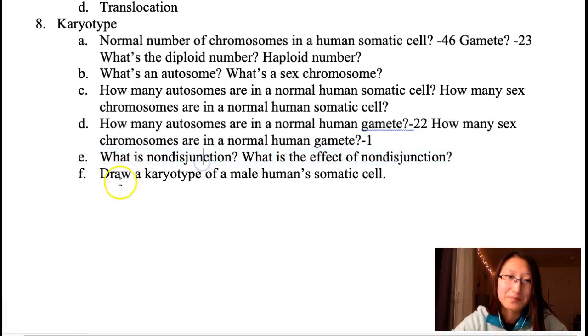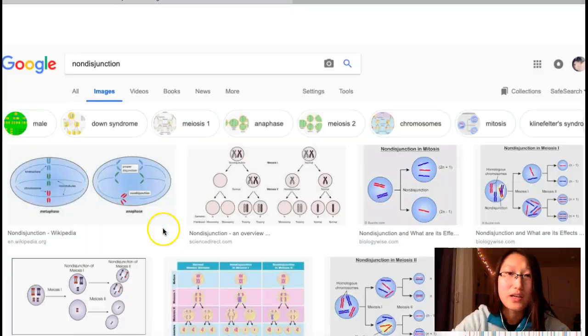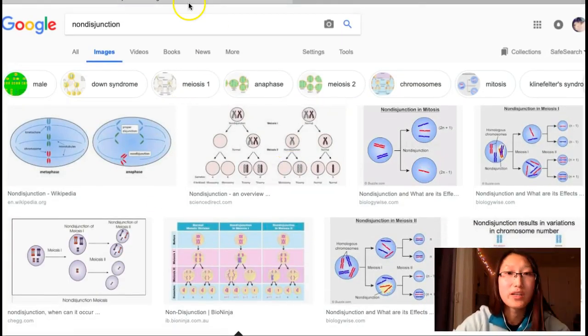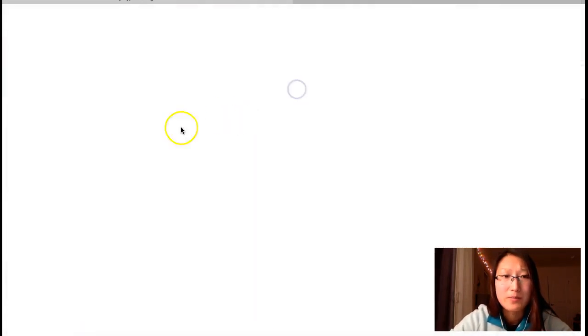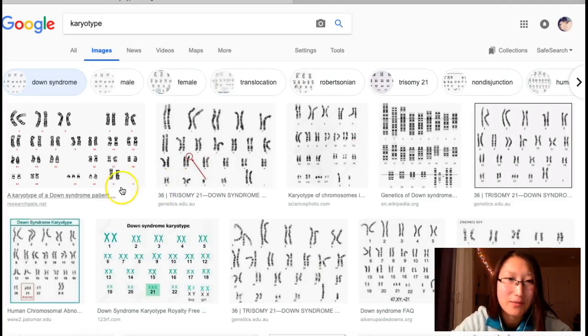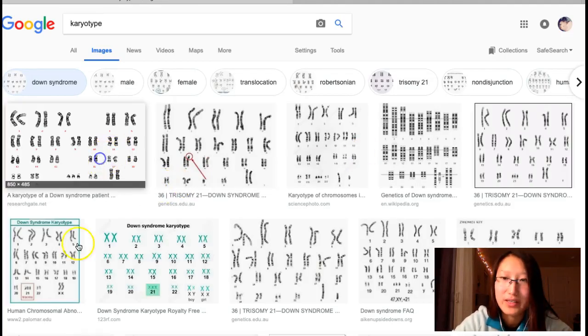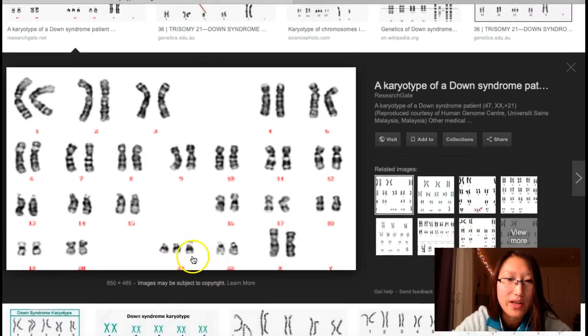All right, you should know how to draw a normal human male somatic cell, but you should also be able to tell what a certain disease is if I give you the information. Let's say Down syndrome, because everybody knows about Down syndrome, so I'm using it as an example. Down syndrome is when a person has an extra chromosome number 21.